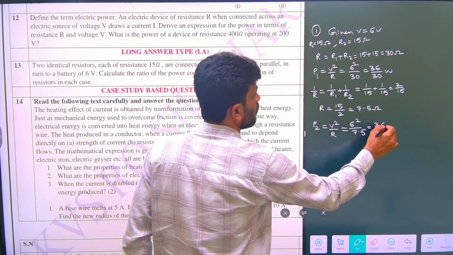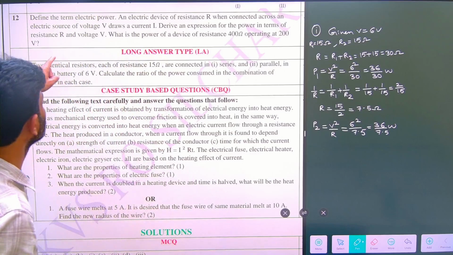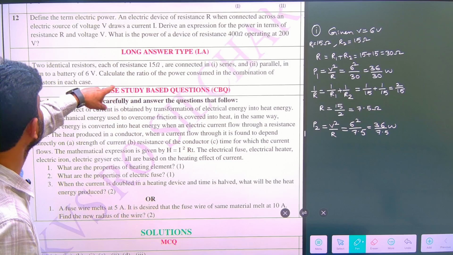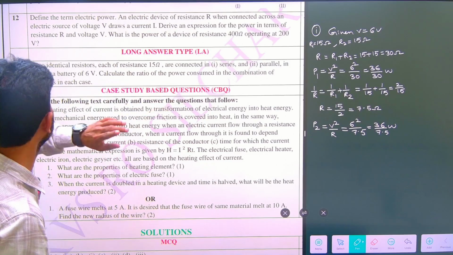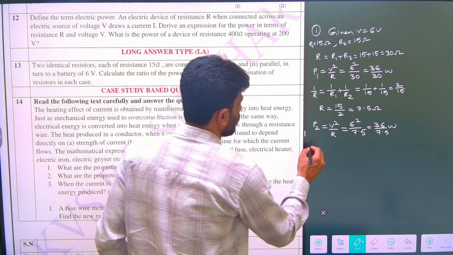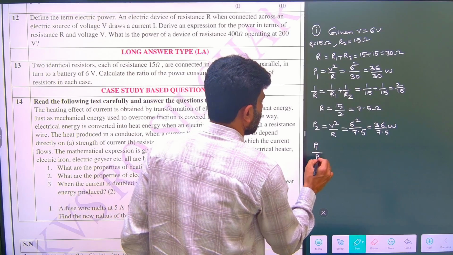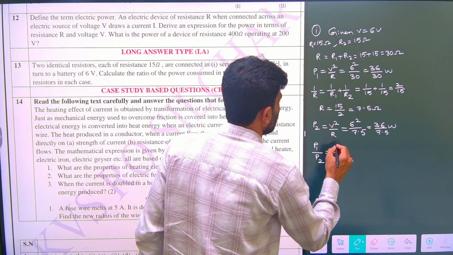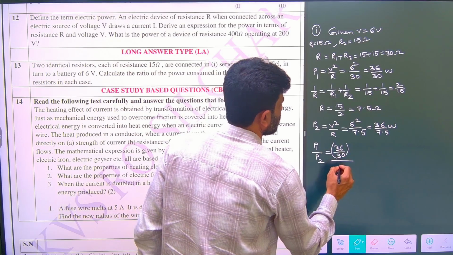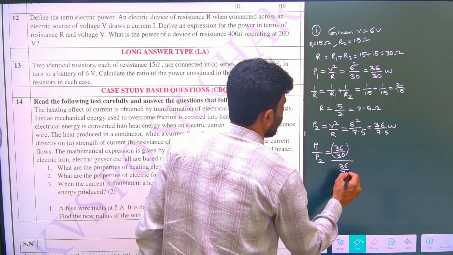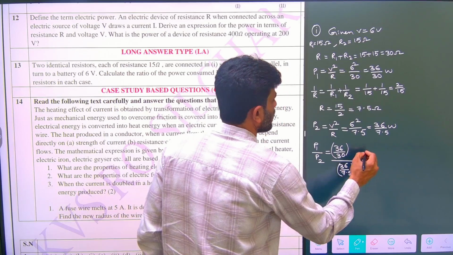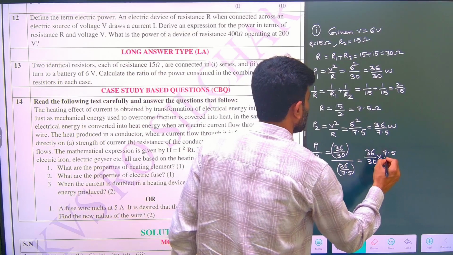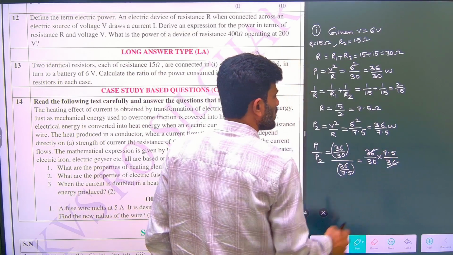These two we got. Now we have to find the ratio of powers. In the question they are asking to calculate the ratio of power consumed in the combination of resistors in each case. So we have to find P1 by P2, that is 36 by 30 divided by 36 by 7.5, which is nothing but 36 by 30 into 7.5 by 36. 36 will be cancelled.